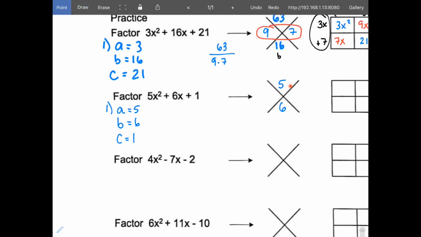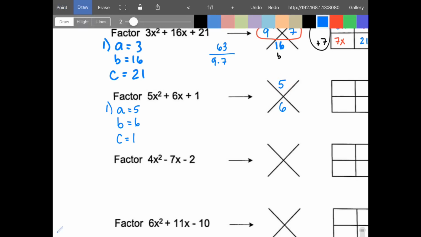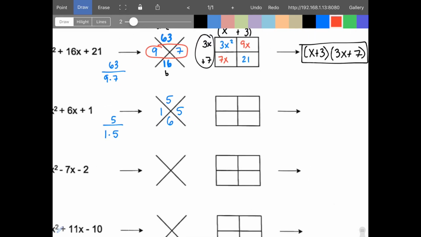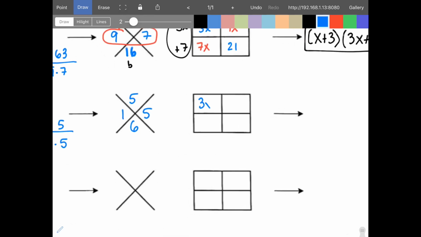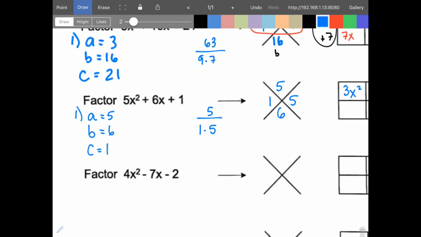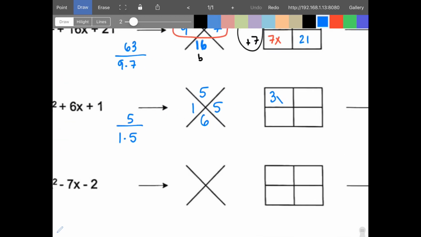So factors of 5, well, that's easy, just 1 times 5, right? So we know it has to be 1 and 5. 1 times 5 is 5, and 1 plus 5 is 6. So we have our two numbers. That's what we need, 1 and 5, okay? So now we're going to write in our A term, ax squared, which is, sorry, 5x squared.